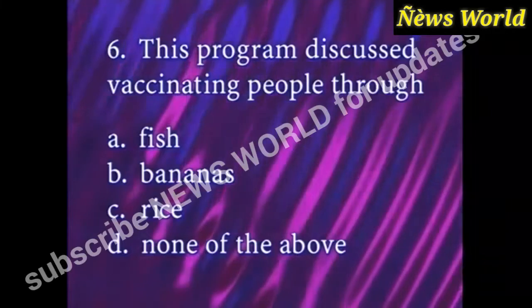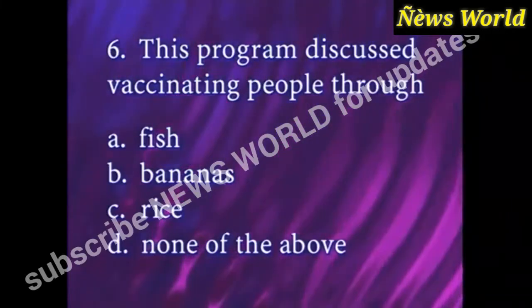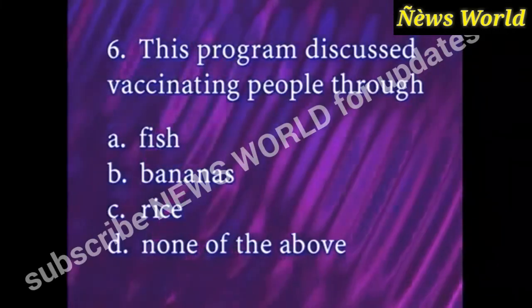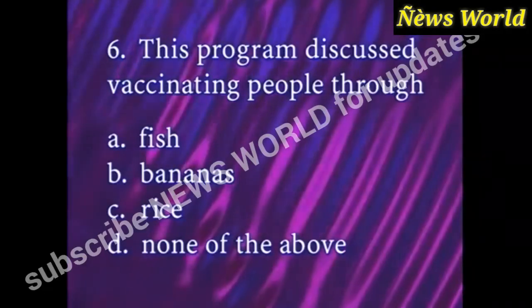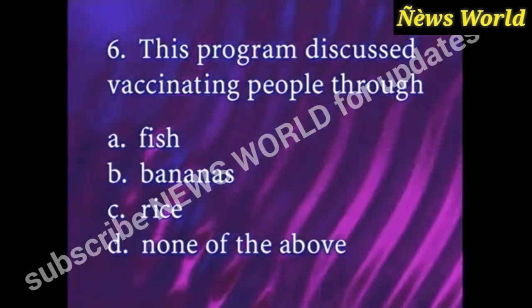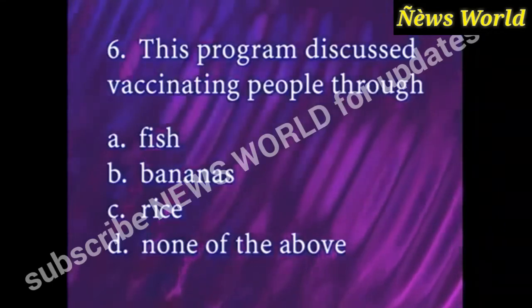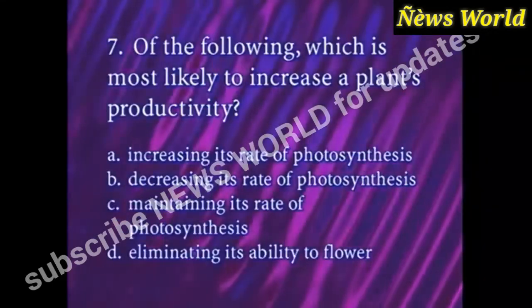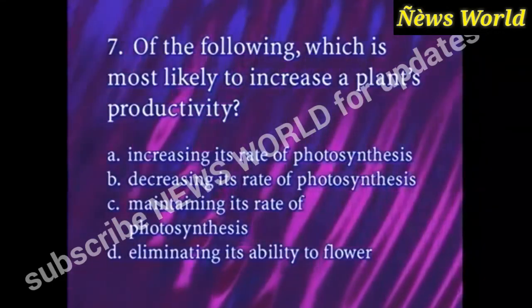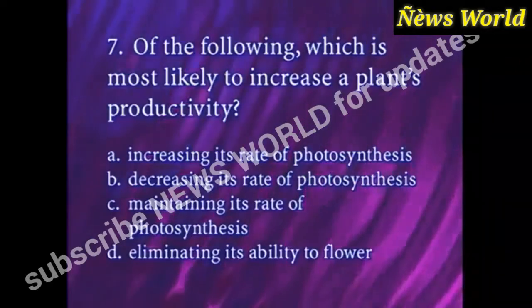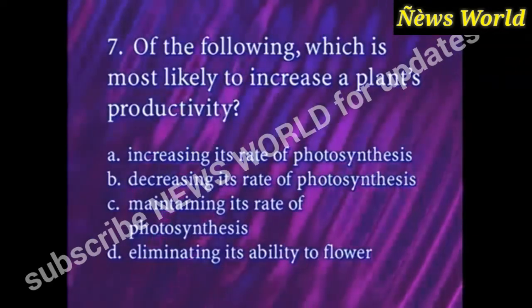This program discussed vaccinating people through: A. Fish, B. Bananas, C. Rice, D. None of the above. Of the following, which is most likely to increase a plant's productivity?